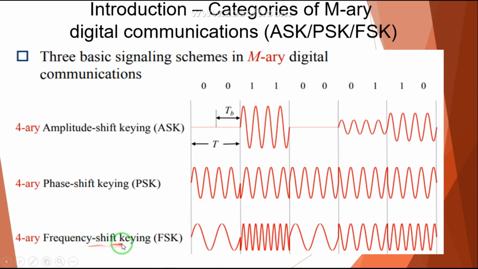Next is frequency shift keying. In that also, we have taken 4 frequencies because 4 symbols are there. Suppose for 0 0 the minimum frequency is there, for 1 1 the maximum frequency, for 0 1 a different frequency, and for 1 0 another different frequency.